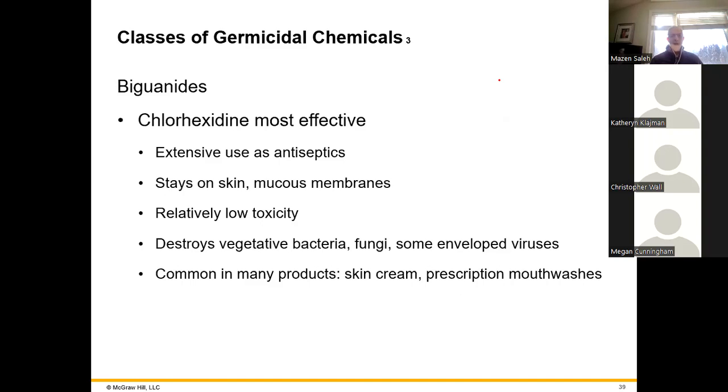The biguanides, such as chlorhexidine, you have probably seen chlorhexidine if you ever read the components of various off-the-shelf material in the pharmacy, whether it is hand scrubs or similar liquids.